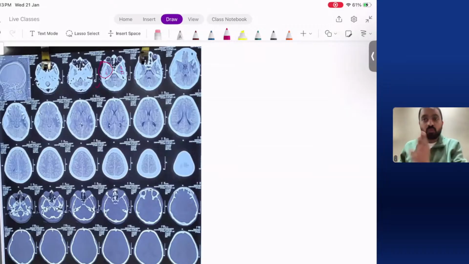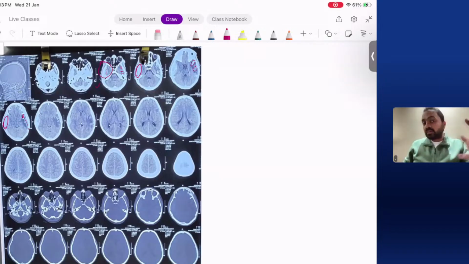Now as you go on the further cuts, what you are going to see is a clear convex shape on the right side, whereas on the left side you have patchy things, right? As you go down on the further cuts, you notice some hyperdensities over here also on the left side. So what are we looking at?